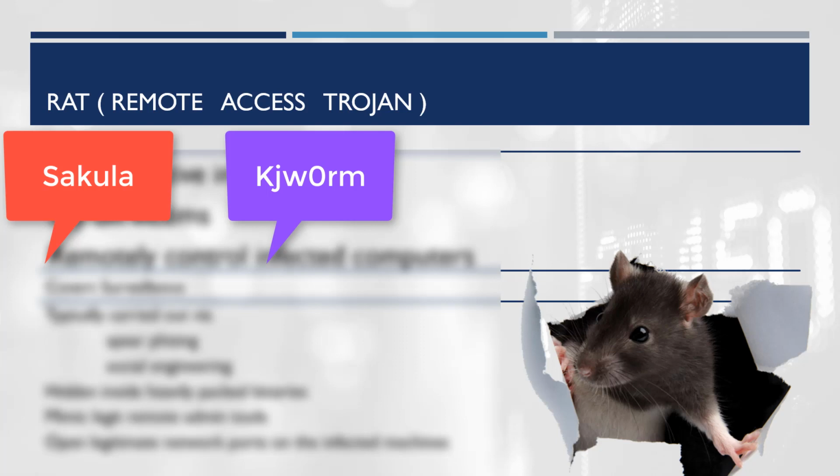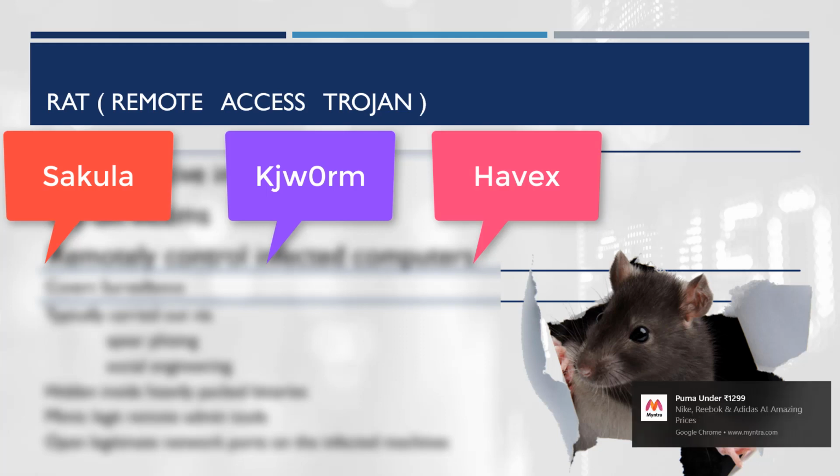This Trojan creates a backdoor that allows the attacker to take control of the machine, extract information, and send it back to the command and control center. A RAT called Havex targets industrial control systems. It is very sophisticated and provides the attacker with full control over the infected machine.